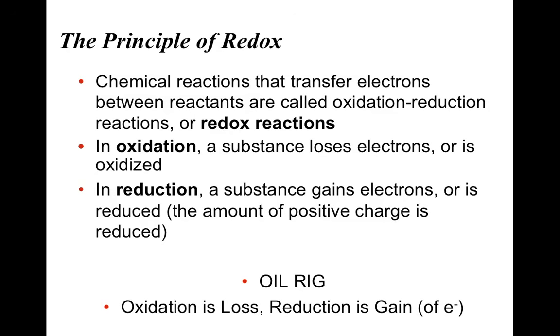You might think, gaining something, why do we say that we're reducing it? The answer is because the more electrons you gain, the more negative your charge is. All right? So our mnemonic device for this is OIL RIG, which stands for oxidation is loss of electrons, and reduction is gain of electrons.